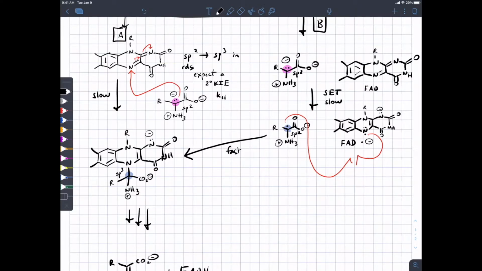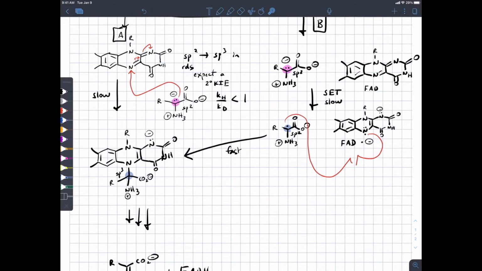If you measured it for the direction going from sp2, which is a less stiff force constant, to sp3, which is a more stiff force constant, you'd actually expect an inverse kinetic isotope effect. You'd expect the rate constant for proton versus deuterium at this carbon, if you could do it, would be less than 1.